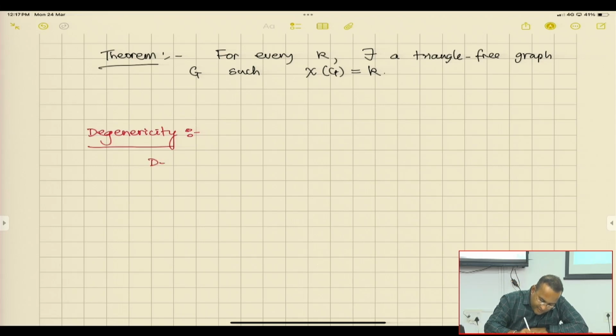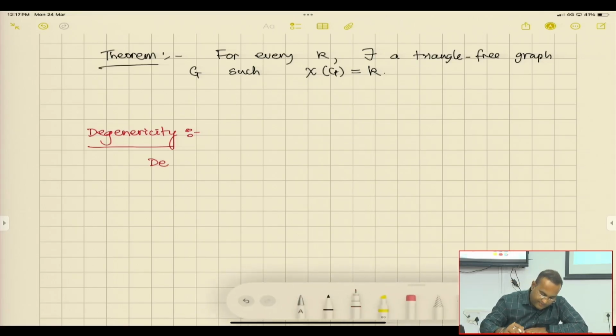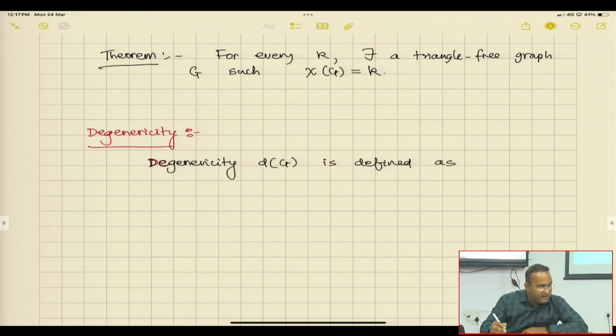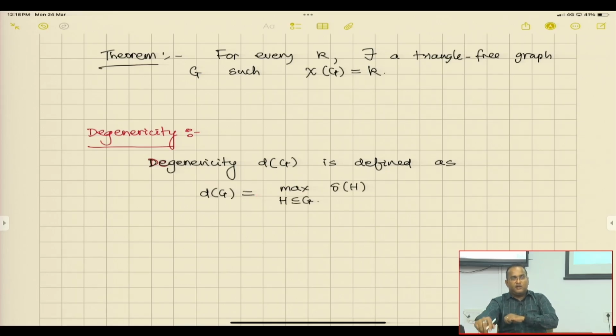Degeneracy, denoted by dg, is defined as dg is the maximum of delta h such that h is a subgraph of the graph G. So what is the meaning of this?